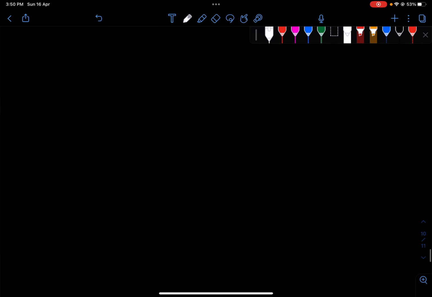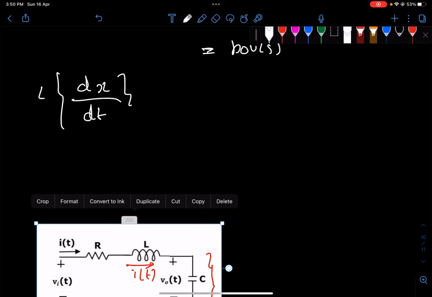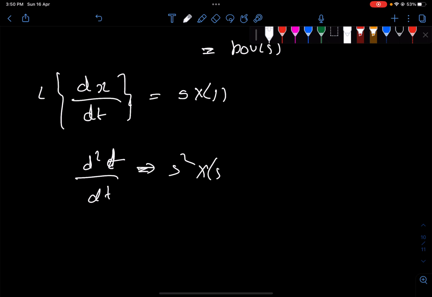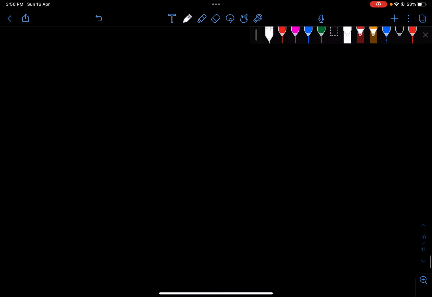Let me ask you, the Laplace of dx by dt, its Laplace is what? S times X of s. So what is the Laplace of the second derivative? S square X of s. And what is the inverse Laplace of s cubed X of s?